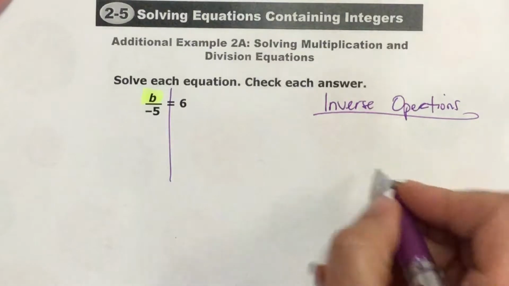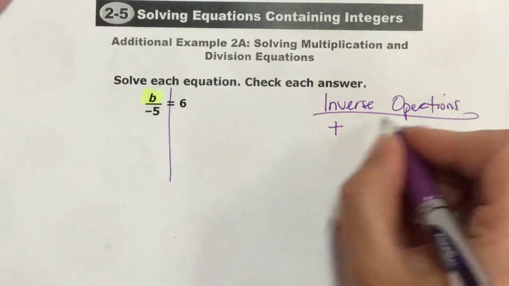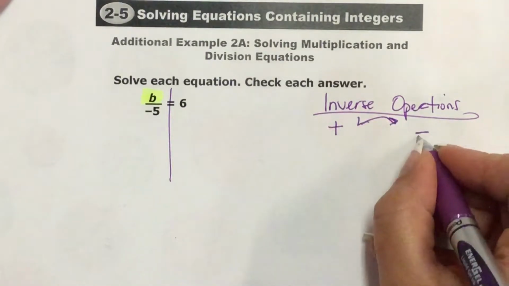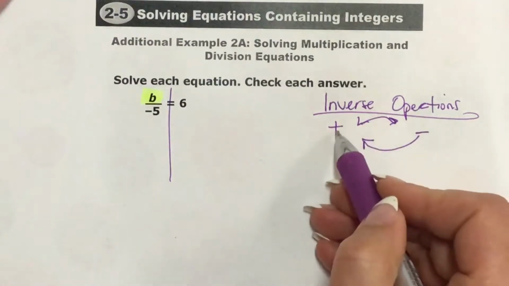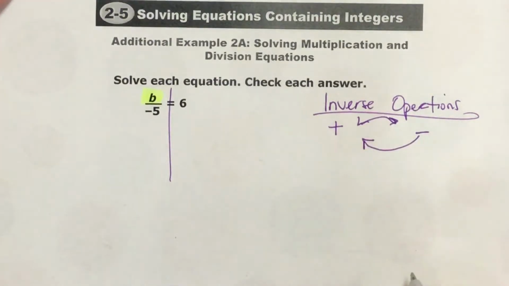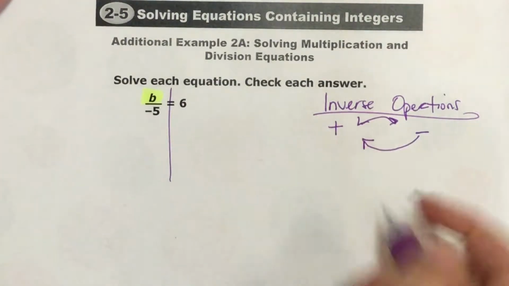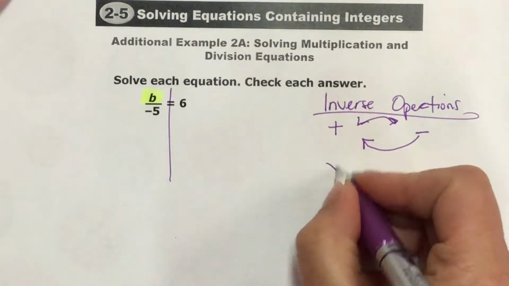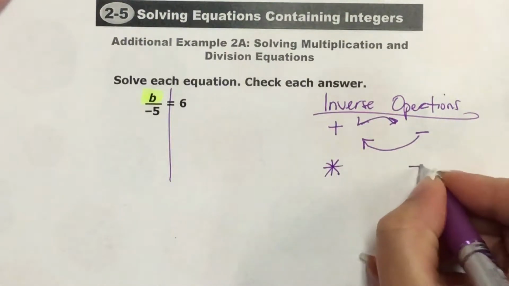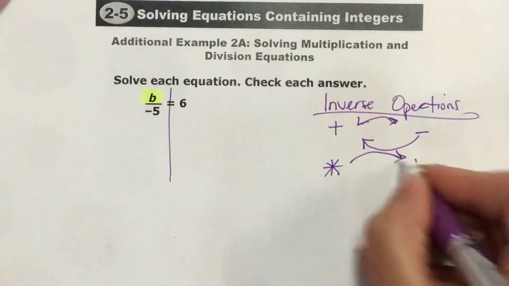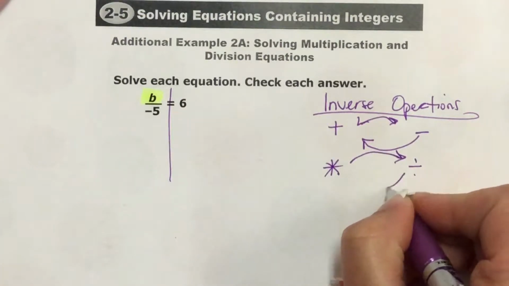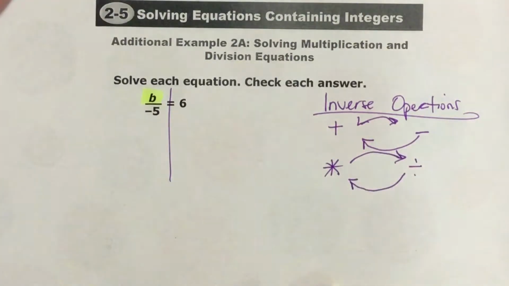The inverse operation of addition is subtraction, and subtraction is addition, or positive and negative are inverse operations. The other one is multiplication and division. Division is the inverse operation of multiplication.